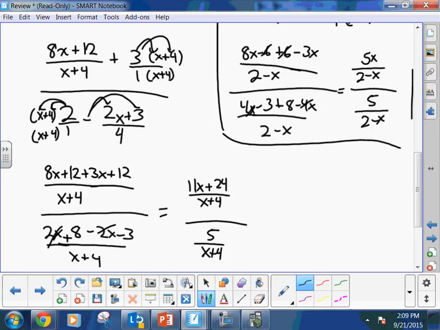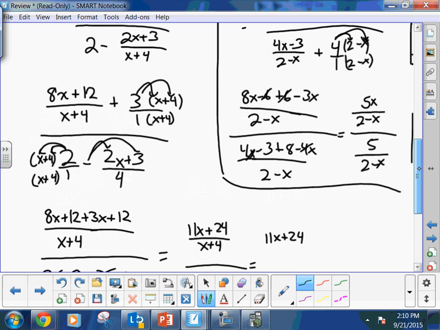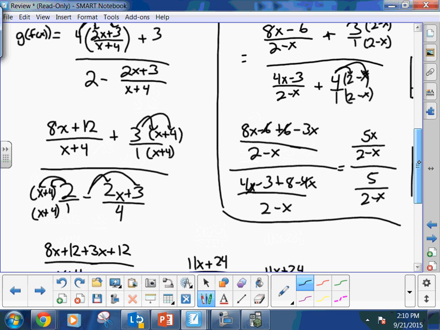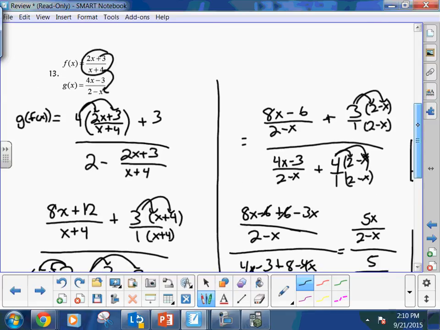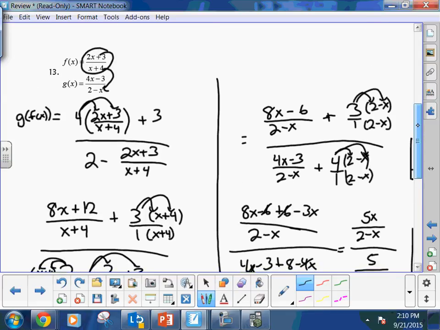So that leaves us with something very interesting here. And then when I multiply by the reciprocal of the denominator, 11x plus 24, and just let me make sure I did all the math right up on top. I say the substitution, I substitute the right values, 2x plus 3, x plus 4, plus 3, 2 minus x, yes, that's all right.